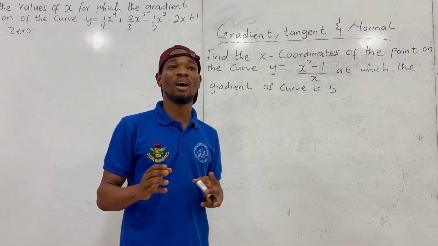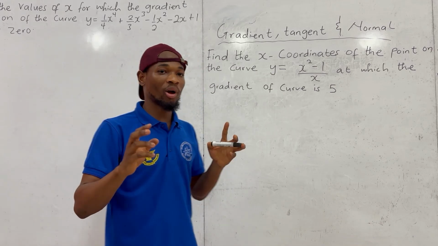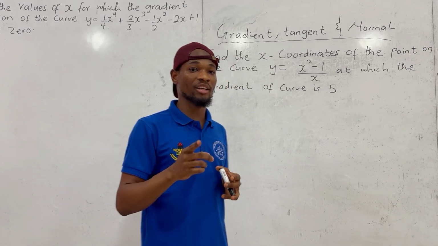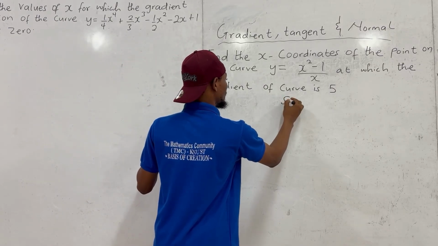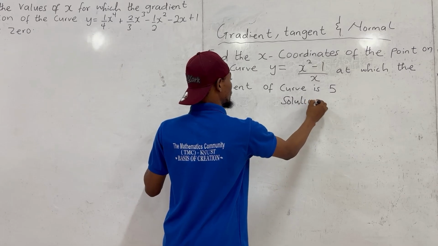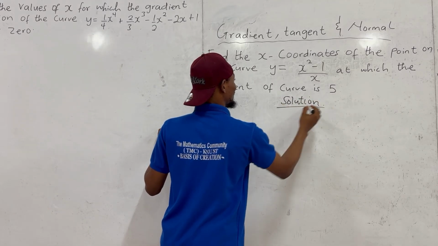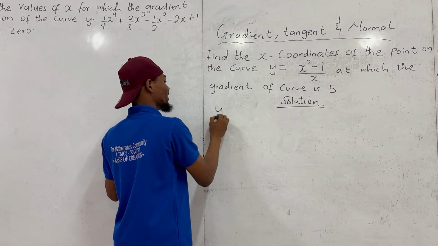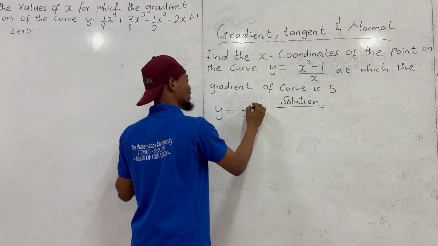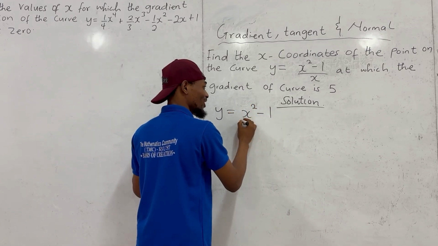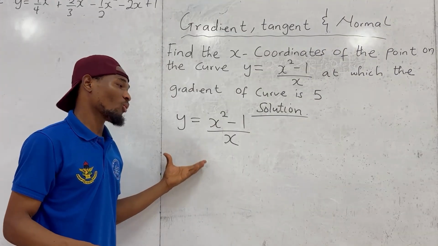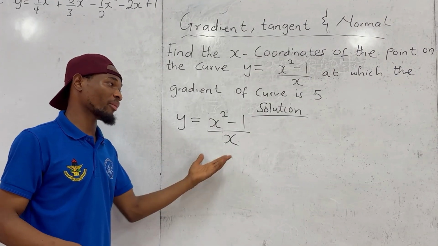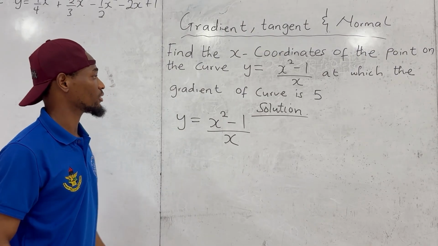So let's see how we can employ the analogy we had from the explanation. Solution. y equals x squared minus 1 all over x.